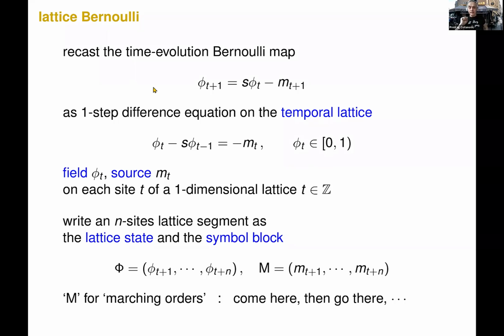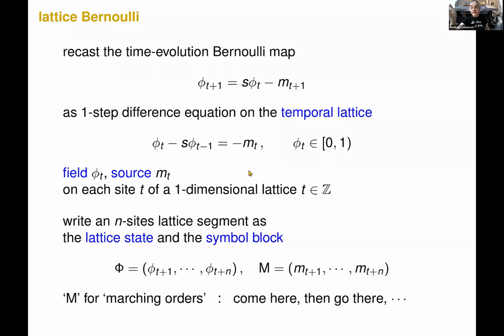And now I think of a temporal lattice. So I have a one-dimensional lattice of points labeled by integer z, from minus infinity to plus infinity. And on each site, I have a field, which could be the height of my cat or something. And I have a label saying it's sitting in one of the intervals.